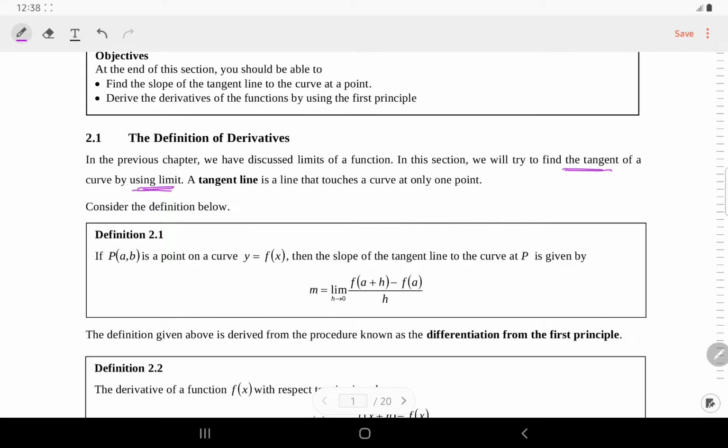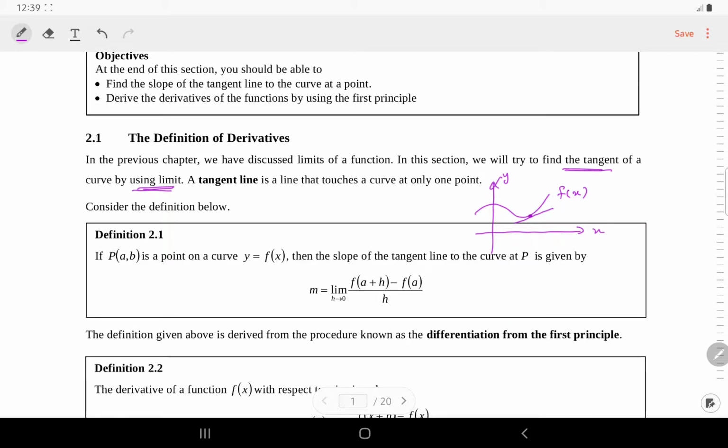We look at definition 2.1 on the same page. Let's say we have a curve where the function of the curve is f of x. So let's say this is the curve of f of x, and at this point we have a tangent line.